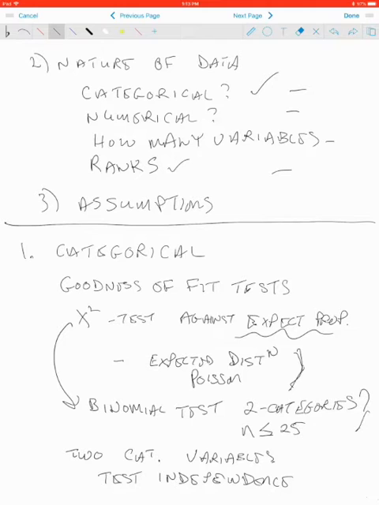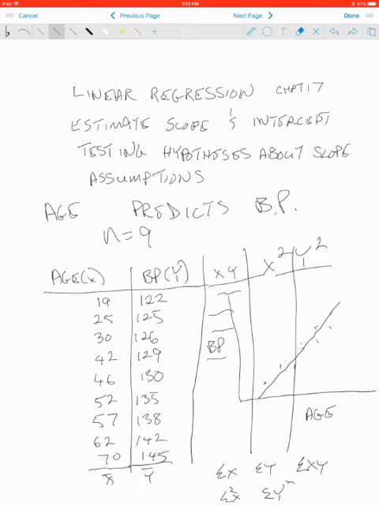Or you can use the binomial test if you have just two categories and a small sample size. If you have two categorical variables and you want to ask if two things are independent or if they're associated, you're going to do a test of independence. And this we did last day.